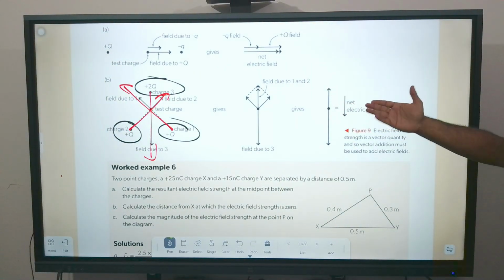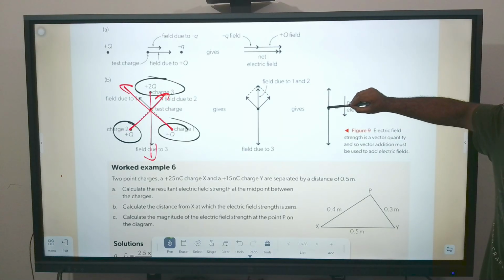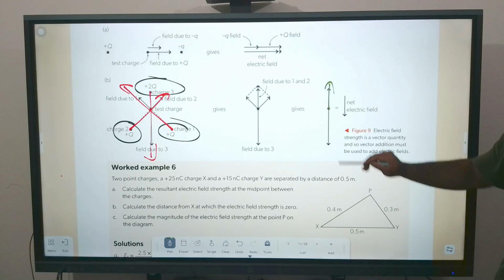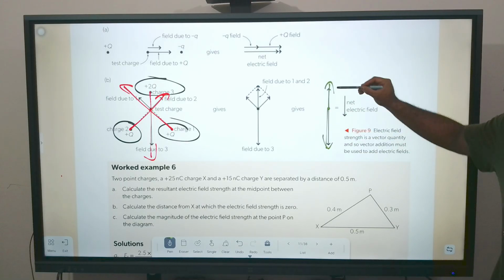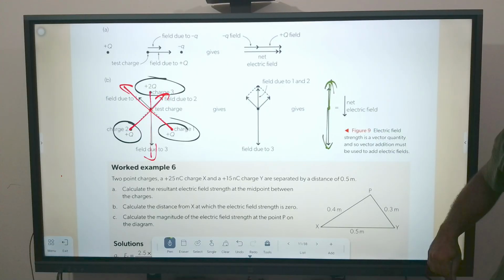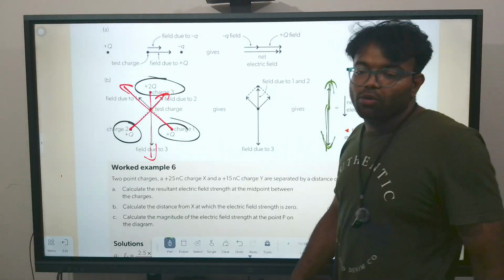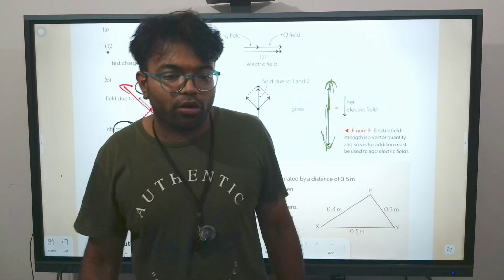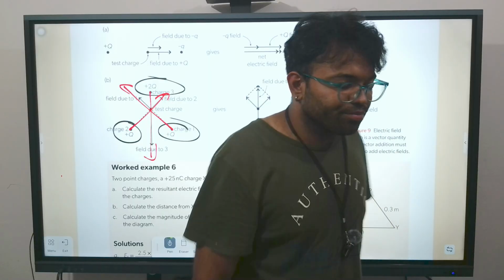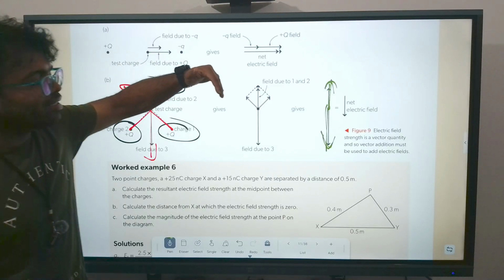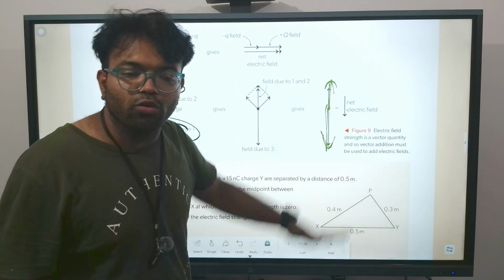Look at this. Their net force is upwards, and the plus 2q charge's net force is downwards. Their electric field is upwards, and the plus 2q charge's electric field is downwards. Now, all we have to know is whether they beat them or not. They don't. So the resultant field will be net downwards.